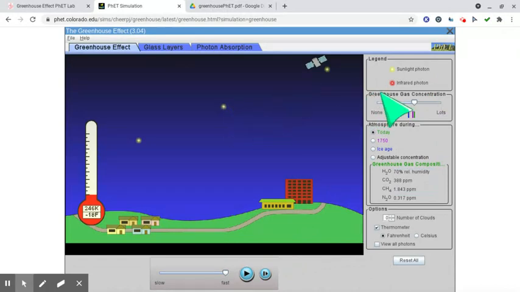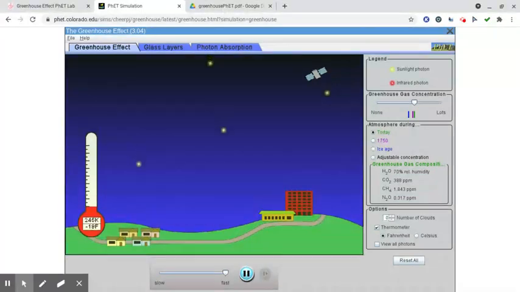We're not seeing any infrared photons yet, but let's go ahead and hit play and see what we see. It looks like if we watch them fall, the visible light is absorbed by the Earth, and then infrared comes out of the Earth is what it appears to be doing.